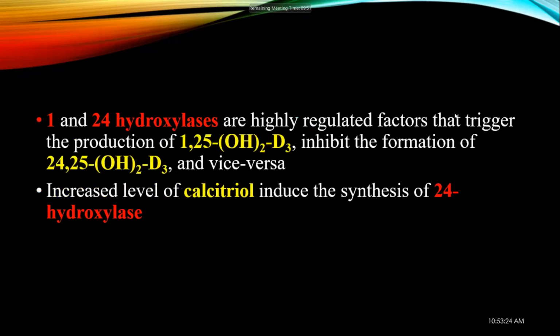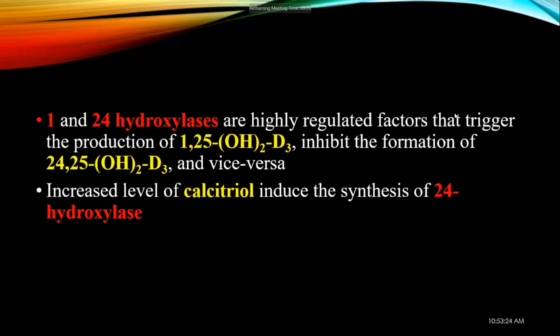So that means this 1-alpha hydroxylase enhances the synthesis of 1,25-dihydroxycholecalciferol, and this 1,25-dihydroxycholecalciferol inhibits the formation of 24,25-dihydroxycholecalciferol. And 24-hydroxylase stimulates the formation of 24,25-dihydroxycholecalciferol, but inhibits the formation of 1,25-dihydroxycholecalciferol.